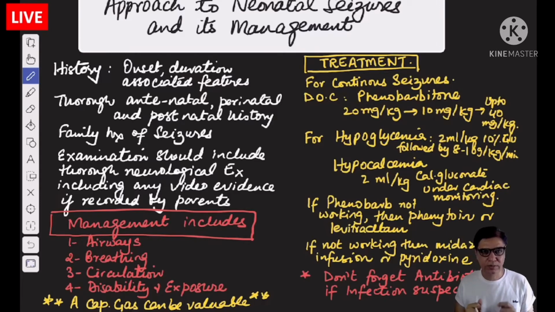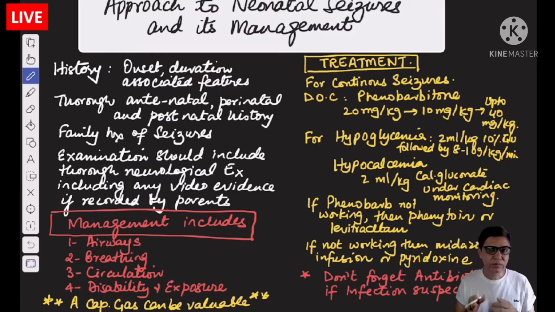So broad spectrum antibiotics, as sepsis in the neonates can either be group B streptococci, or it could be E. coli, or it could be listeria. So you have to give them a broad spectrum, which covers the gram positive like listeria and gram negative like E. coli. And sometimes if you think that there might be a chance that some virus might be responsible like herpes, then you have to give IV acyclovir as well.